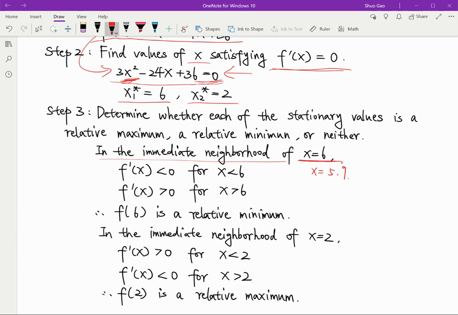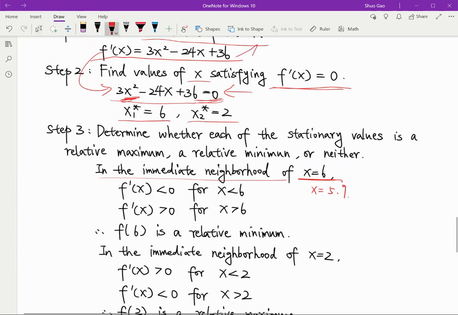Because the quadratic function is the first derivative, right? It's a derivative function. And you see whether f prime x is a positive number or a negative number. So in this example, for x smaller than 6 but in the immediate neighborhood of 6, for example x equals 5.9, when you plug into this first derivative function, you find that f prime x is smaller than 0, or negative.